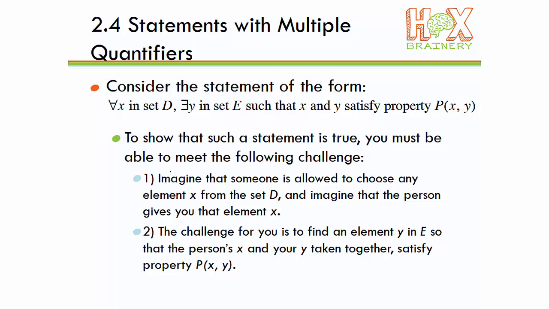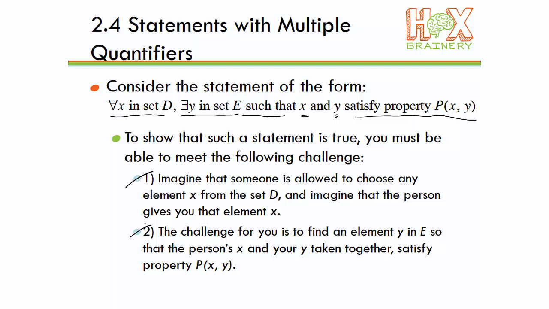So let's consider a statement of this form here. For all x in set D, there exists y in set E such that x and y satisfy some property, p of x and y. To show that such a statement is true, you must be able to meet the following challenge. 1. Imagine that someone is allowed to choose any element x from the set D, and imagine that person gives you that element x. 2.